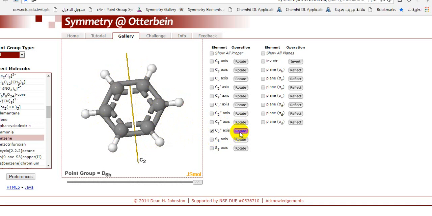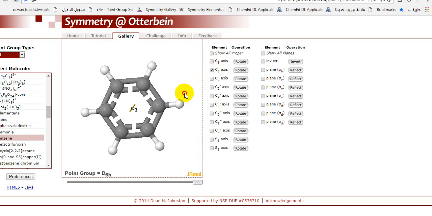This is C2. Also we have C3 on the Z axis. This atom moves to this place. Look.